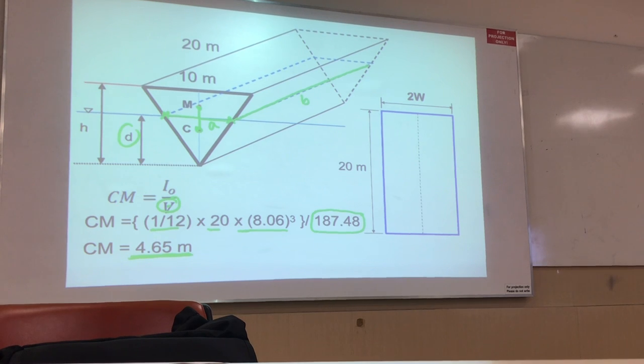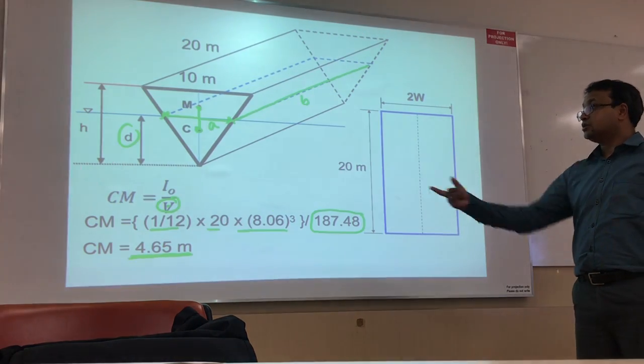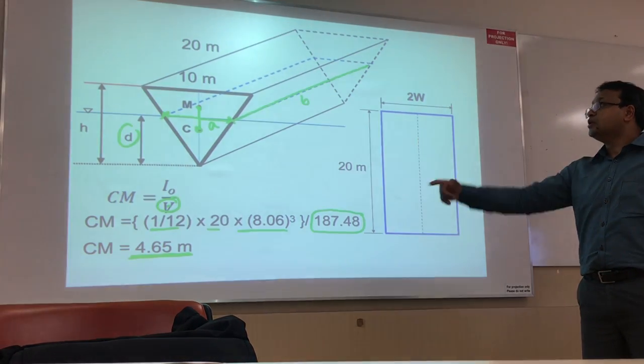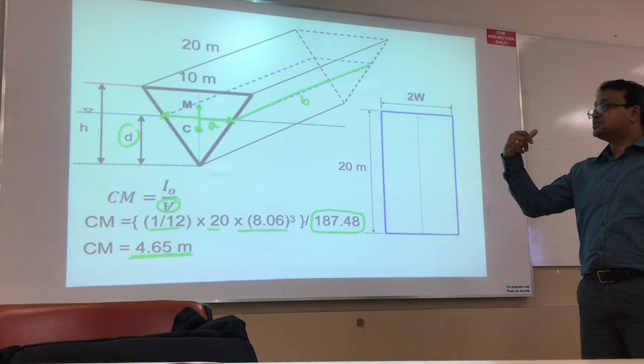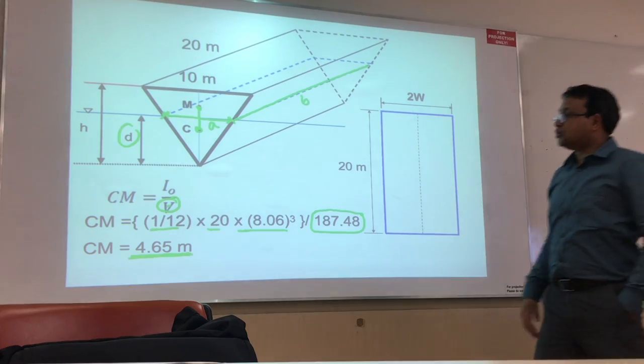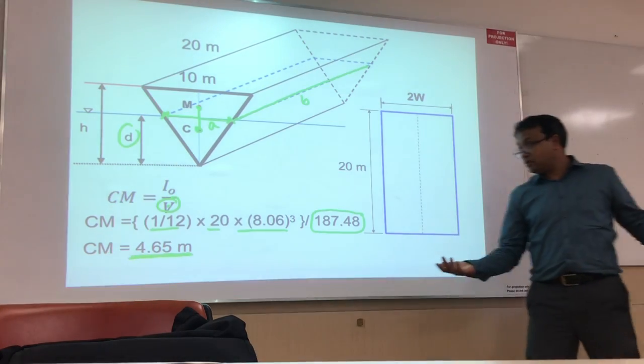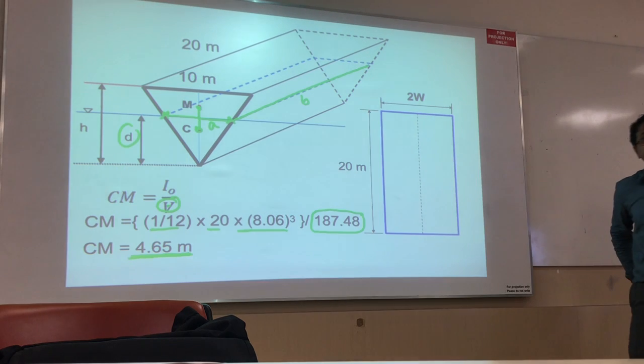So which one is higher? CM is higher, right? What is CG? Smaller, right? 2 point something, if I am correct. So CM becomes 4.65, which is much higher than CG. So the system is stable. If I get this value very small, then it is not stable. Correct?